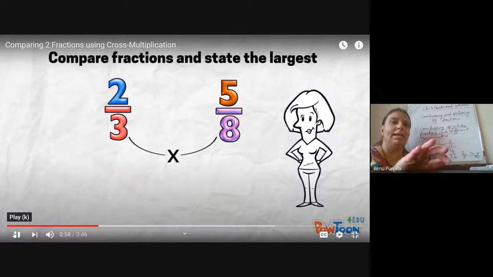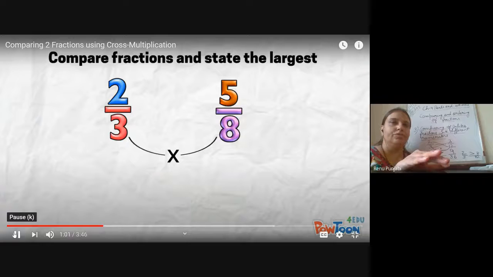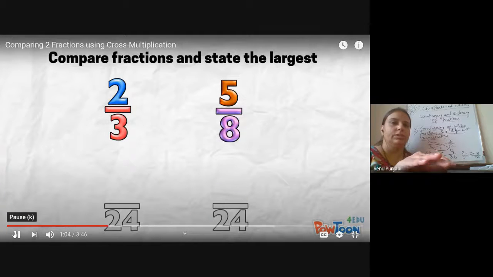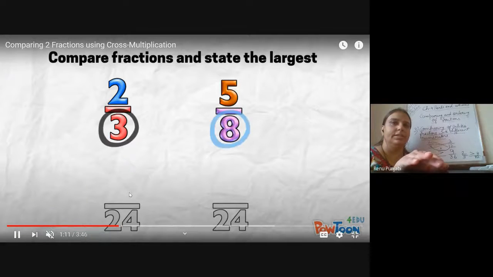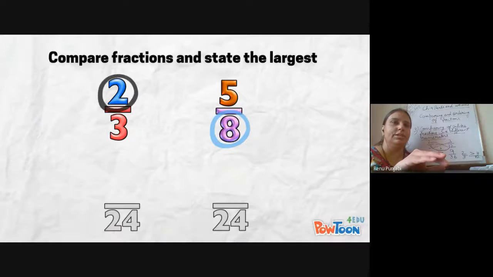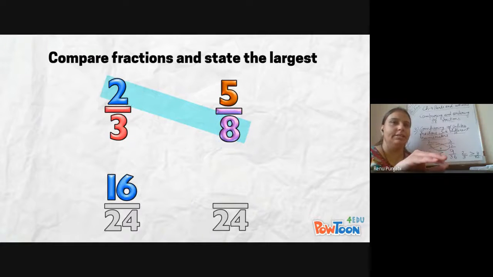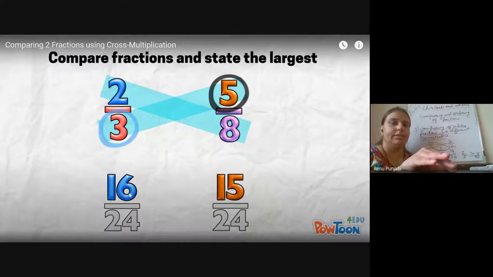By multiplying both the denominators, 3 times 8 is 24. So after getting the denominators the same, now we will do the cross multiplication. 2 into 8 is 16 and 3 into 5 is 15.